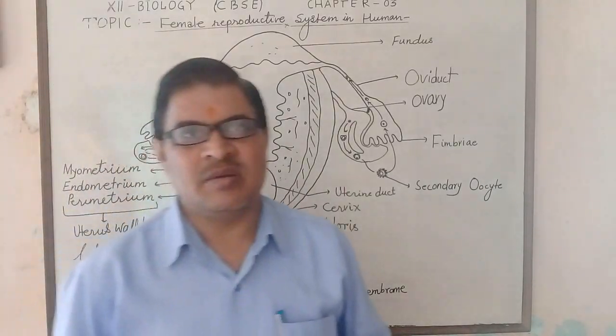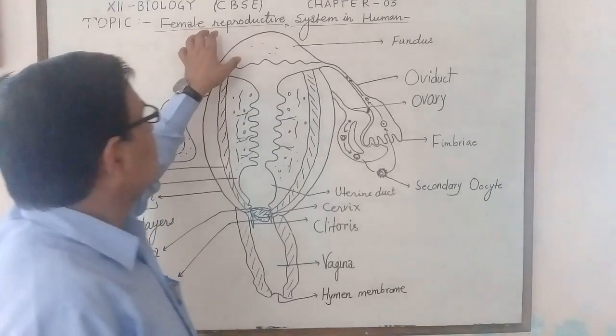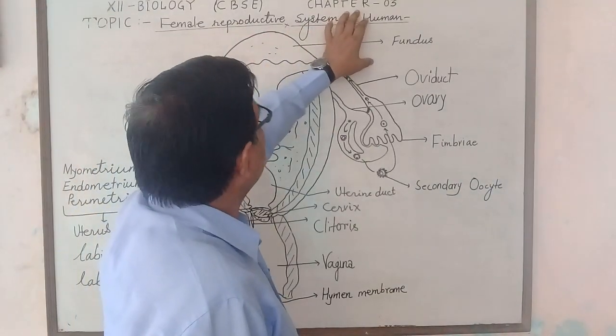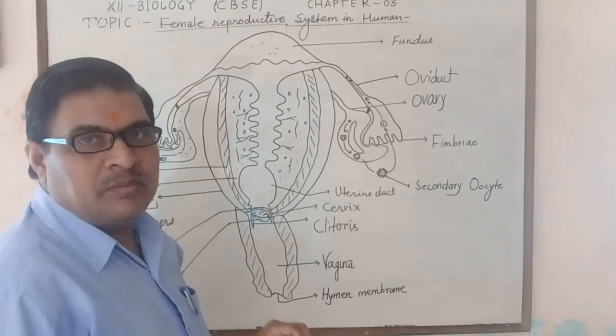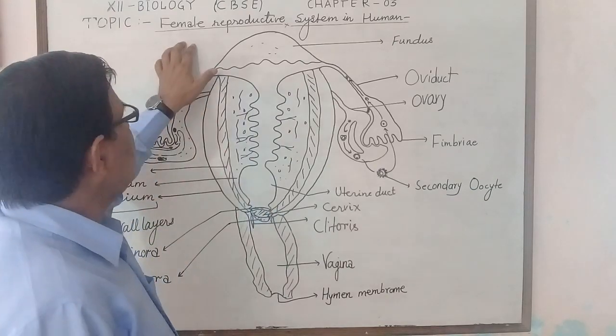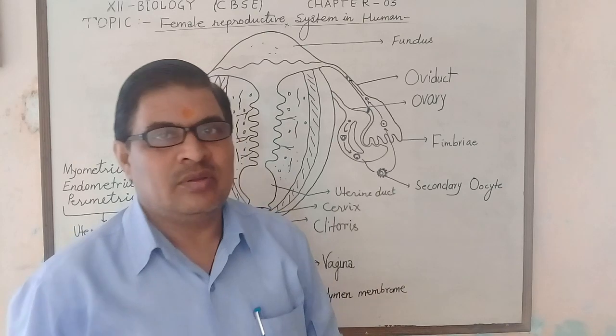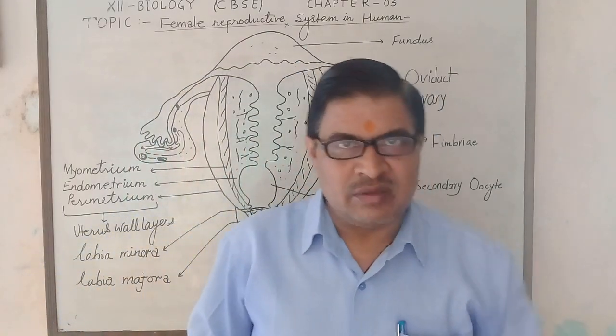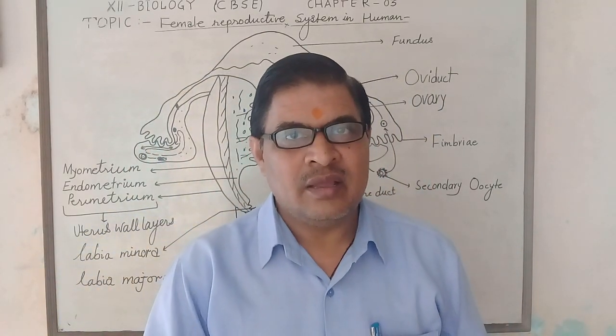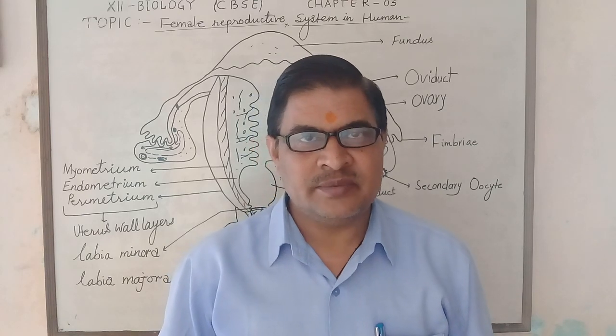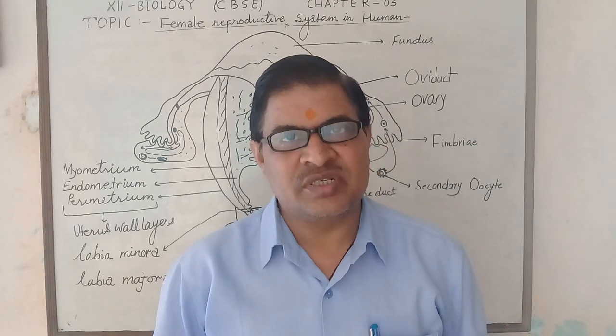Today I will discuss the biology subject, chapter 3 in CBSE. The main topic is the female reproductive system in humans. As you know, humans have male and female reproductive systems.